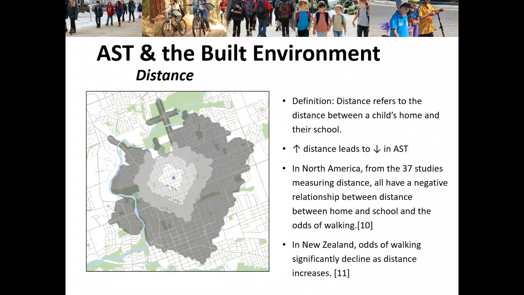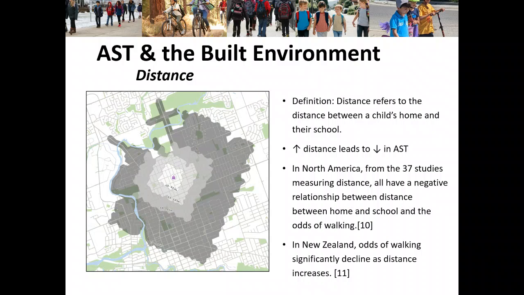So in a lot of cases, it's perception about those distances. But in pretty much every case where it's added to our models, distance is significant. It drives the decision whether kids walk to school or not. It's not the only thing, but it's the leading factor determining whether someone walks.